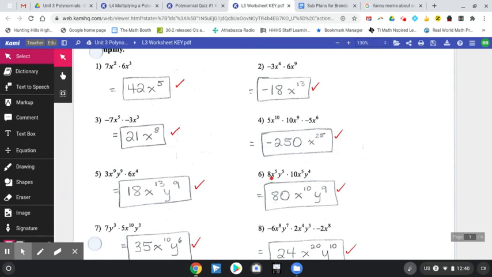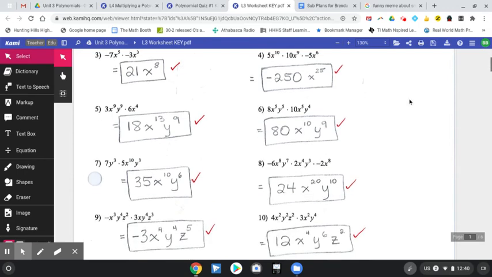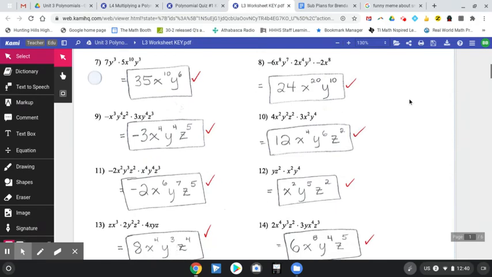And then when it comes to the variables, when I combine these x's, I keep the base the same and I add the exponents. So if we look at the y's, I keep the base the same and I add the 5 plus 4 to get the exponent. So we'll just scroll through here, give you a chance to check over your work.